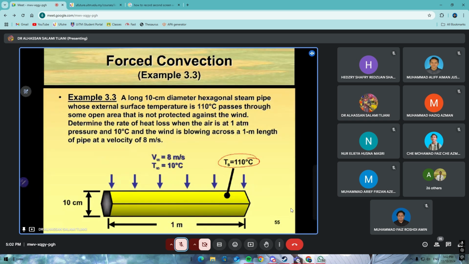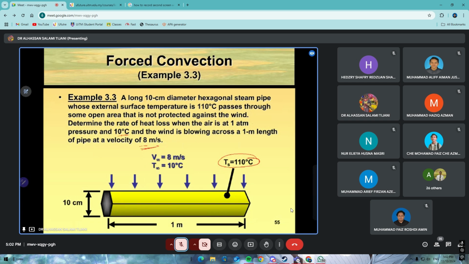Determine the rate of heat loss when the air is at 1 atmosphere pressure and 10 degrees Celsius, and the wind is blowing across 1 meter length pipe at a velocity of 8 meters per second.